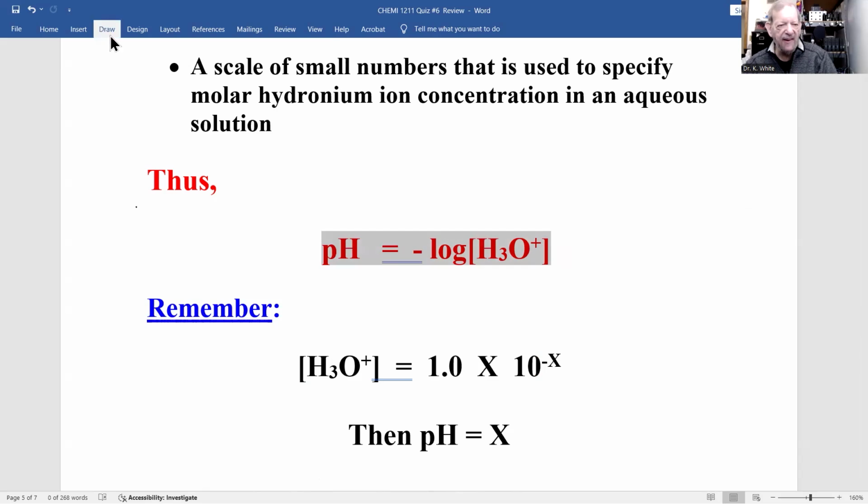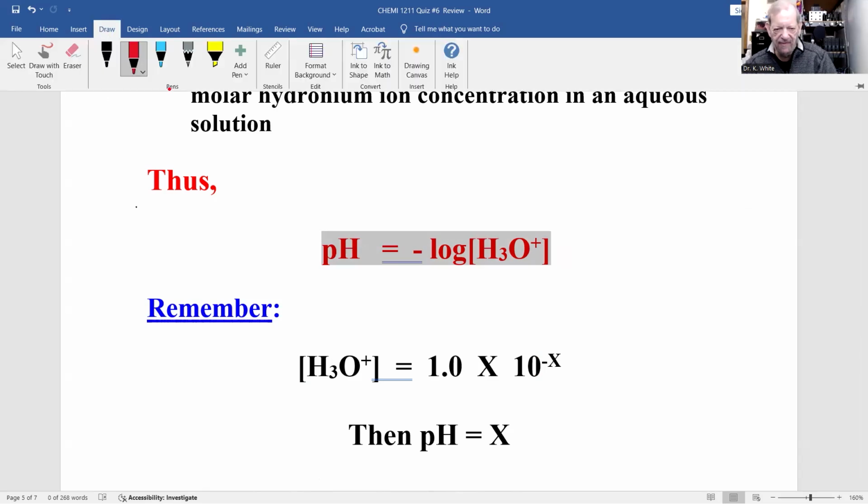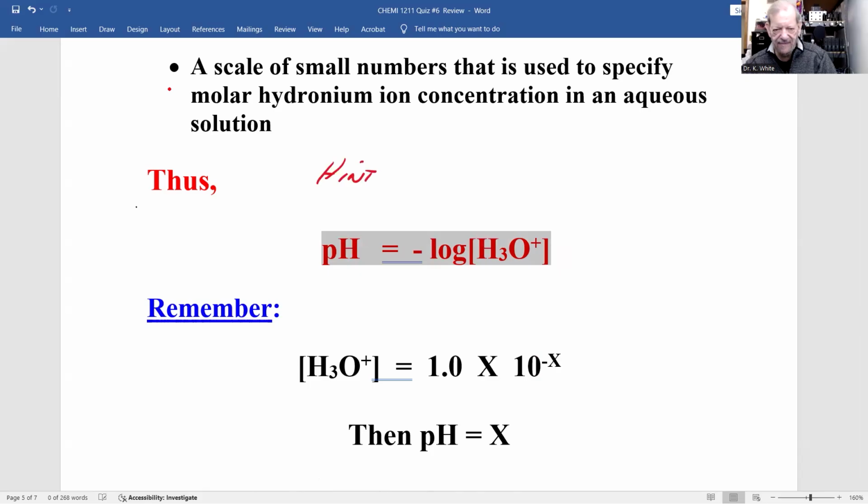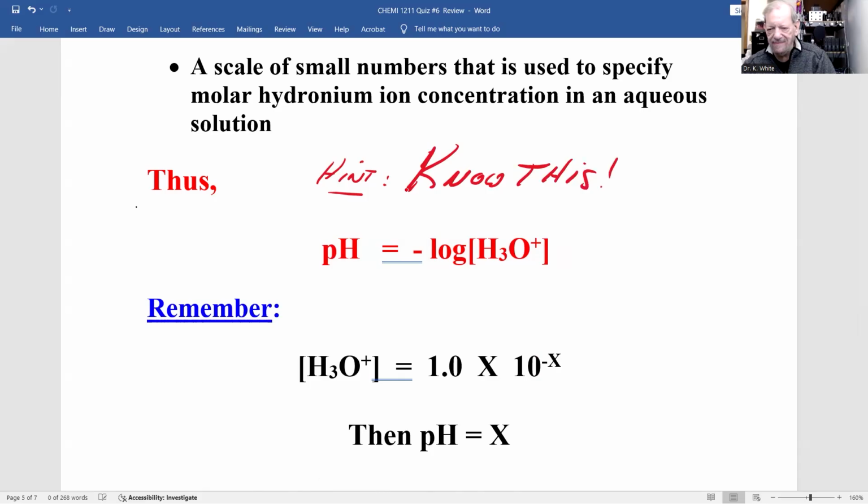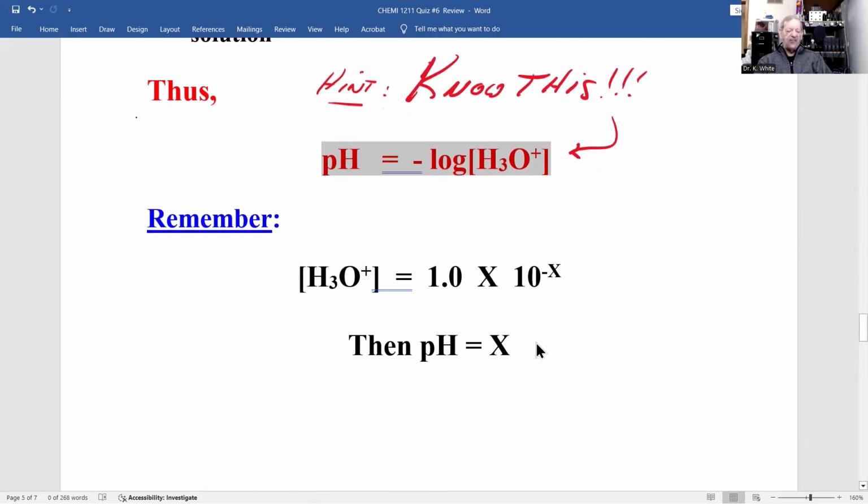And you should know that. Now, for my tests and quizzes, a special little gift: if the hydronium ion concentration is 1.0 times 10 to the minus x, then the pH is x.